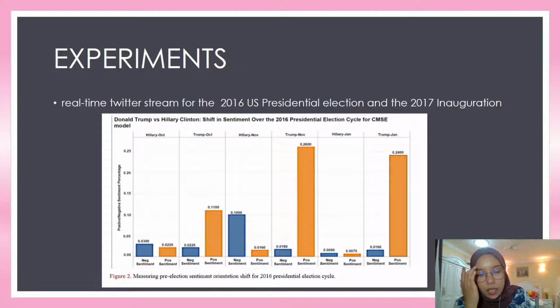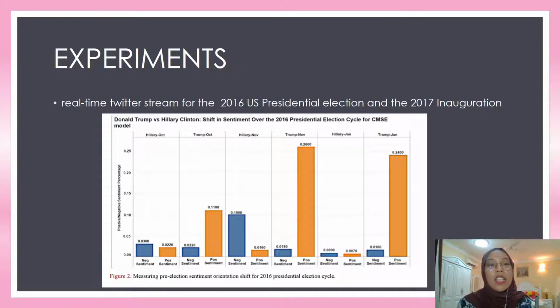Chong and Ehring made an experiment on the real-time Twitter stream for the 2016 US presidential election and also the 2017 inauguration. This is a real Twitter stream where they experimented with real-time big data analysis. The US presidential election was between Hillary Clinton and Donald Trump.